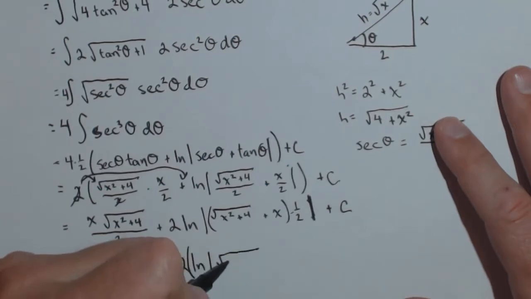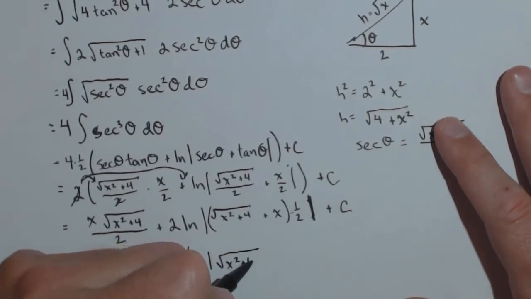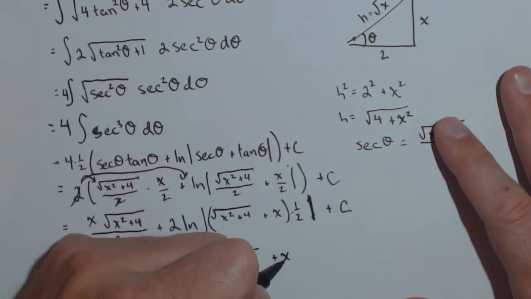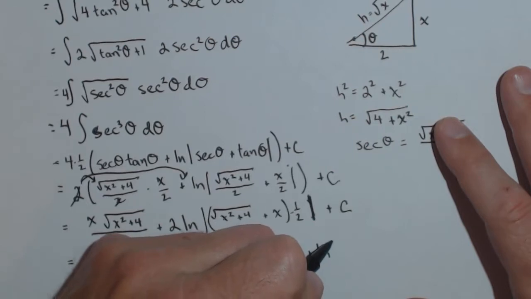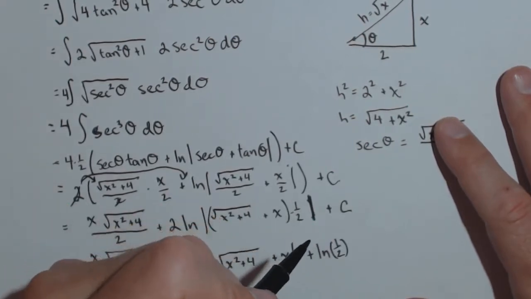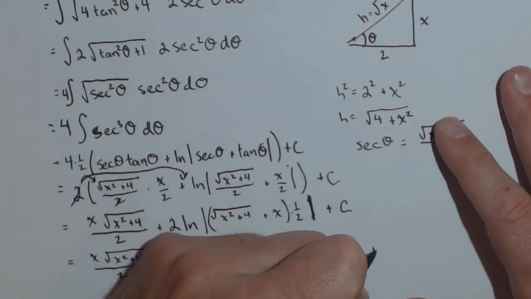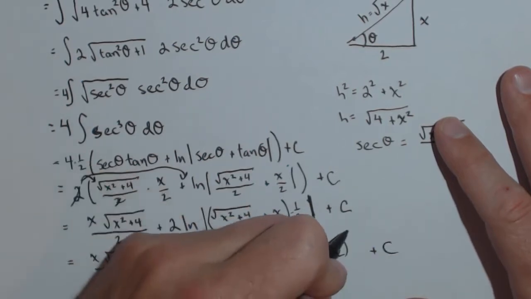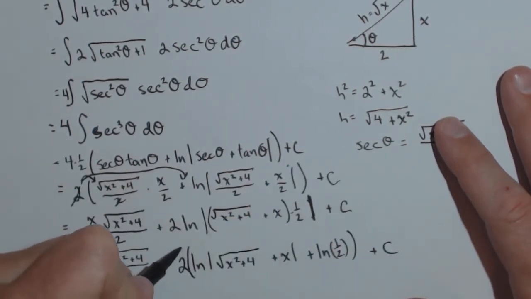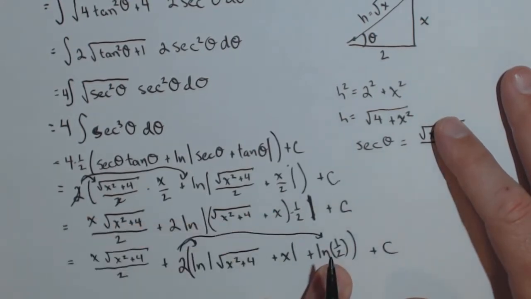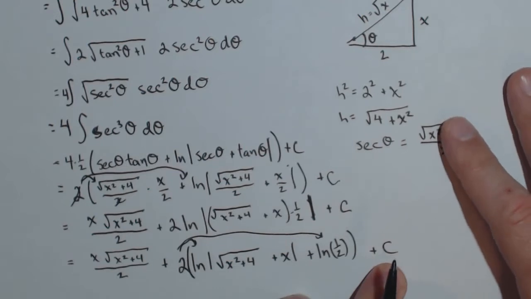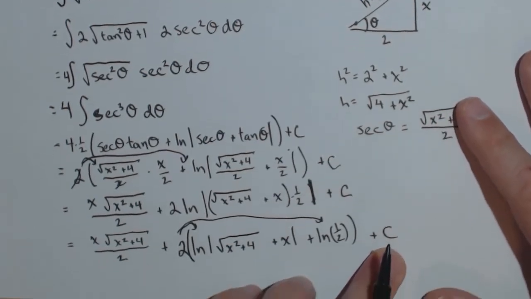Natural log of the absolute value of square root of x squared plus 4 plus x plus the natural log of 1/2 plus c. Now we would distribute this 2 to each part, but because this is just a constant, we would absorb it into this c.